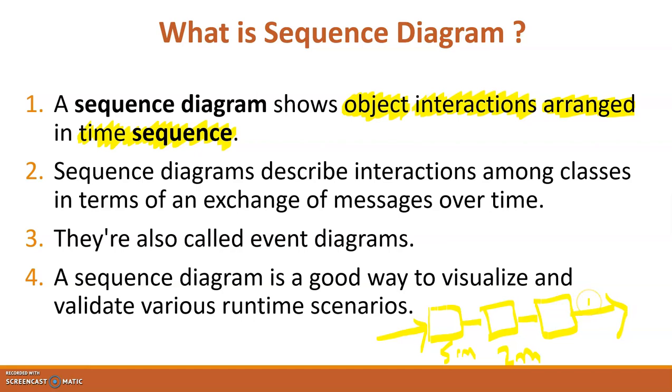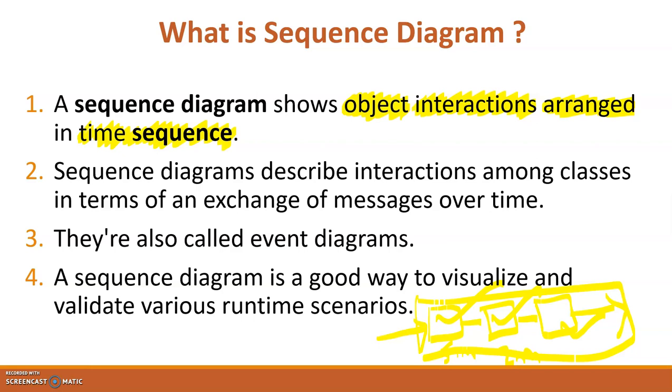So this is called the sequence. You cannot say that first this will happen, then this, then this. No, this process requires certain steps, a certain sequence, and that is drawn in the timeline. This thing we can easily showcase in the sequence diagram.